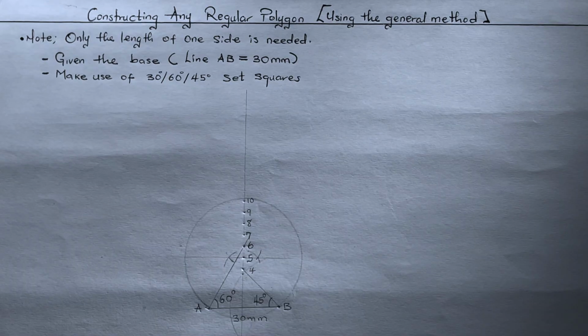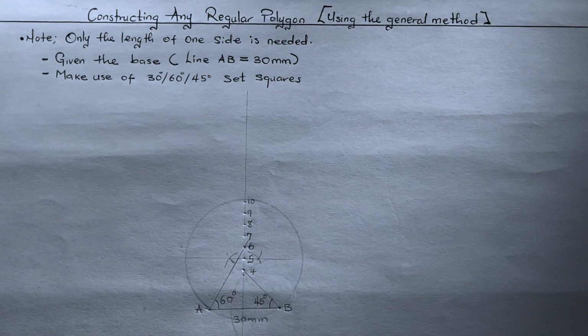With this circle we can easily construct our pentagon, which has 5 sides.